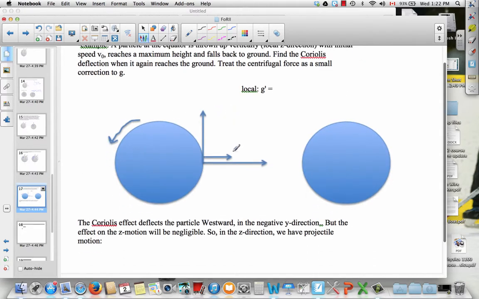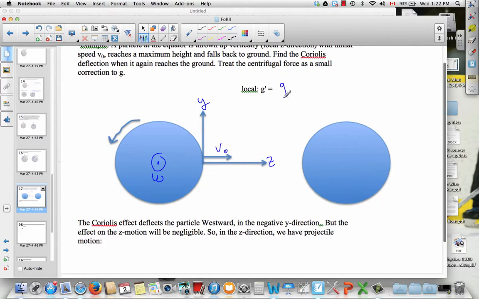Here's another problem. Let us now throw a particle straight up and think about what's going to happen to it. So we're looking down from above, down onto the pole, so the omega vector is pointing towards us. So this is the local y direction, this is the local z direction, and then here's the velocity of the particle. There's the rotation sense.